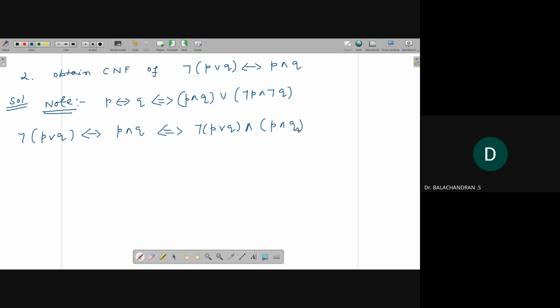So put a bracket like this. First part is over. Next, negation of P. Negation of P means you will get negation of (P or Q), close this bracket and close this bracket, and then and negation of Q. This is negation of (P and Q). Close this bracket and close this bracket.